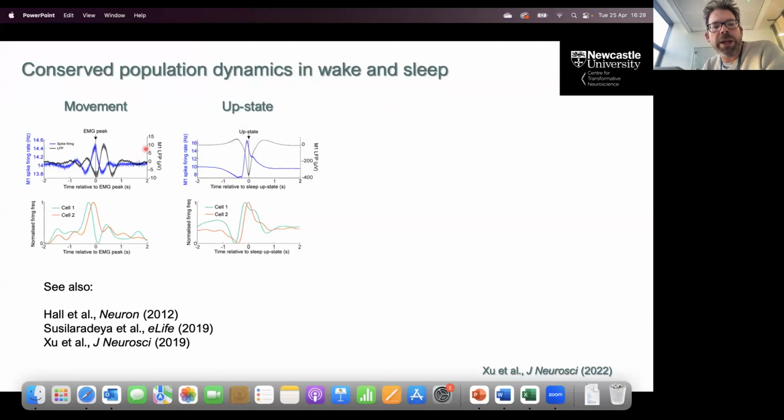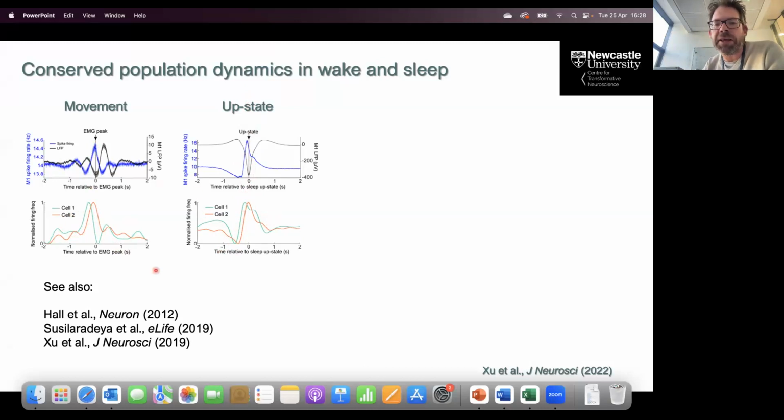So we looked at this in terms of the relative order that cells fire in. Here you're seeing around the time of a movement two cells, and cell 1 is firing a little bit in advance of cell 2. Then during this upstate transition, you can see again this transition from quiescence to high activity, and again, cell 1 seems to be active slightly before cell 2.